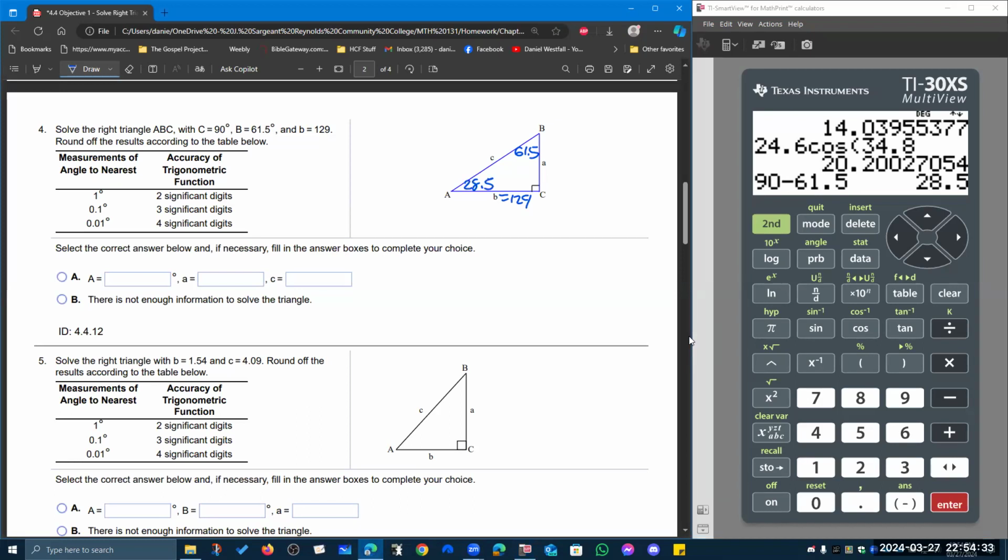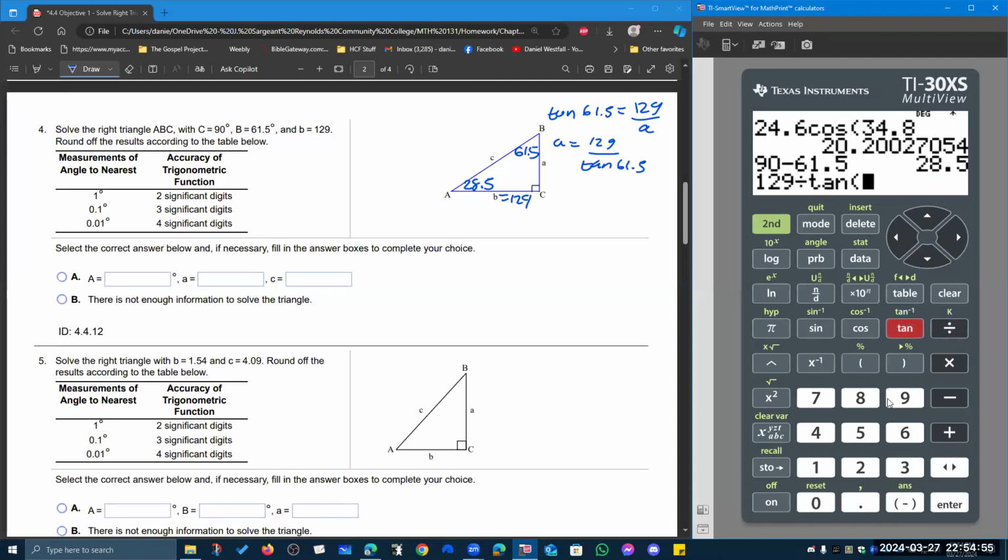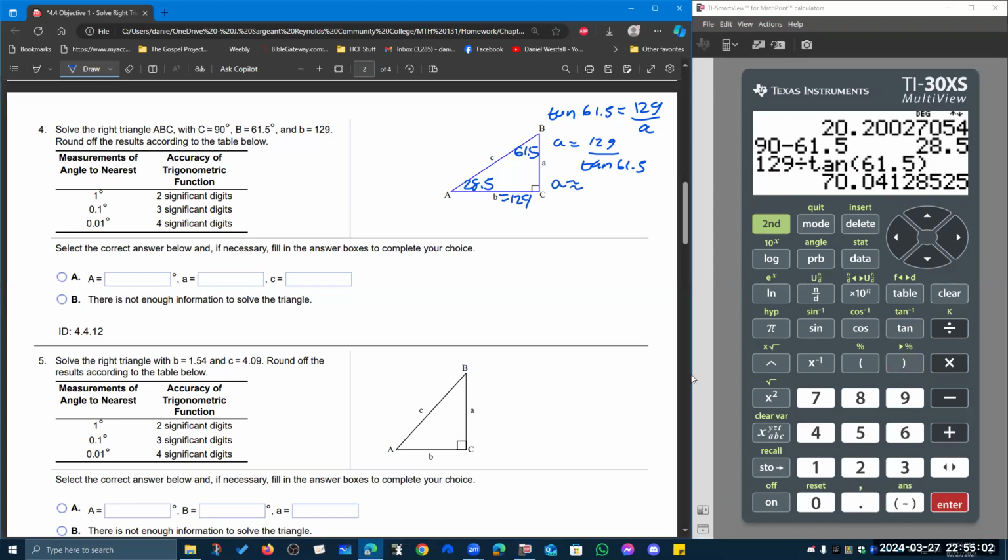And then tangent of 61.5 is equal to 129 over A. So A is equal to 129 divided by tangent of 61.5. A is approximately 70.0.